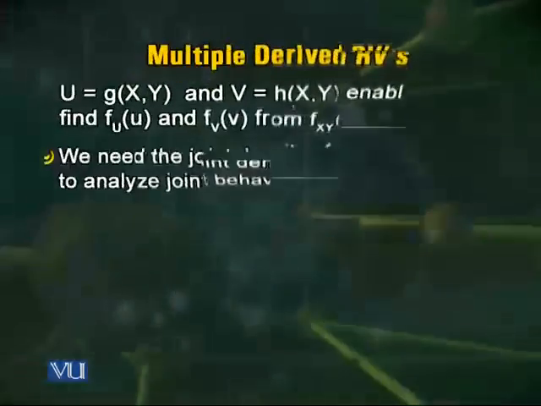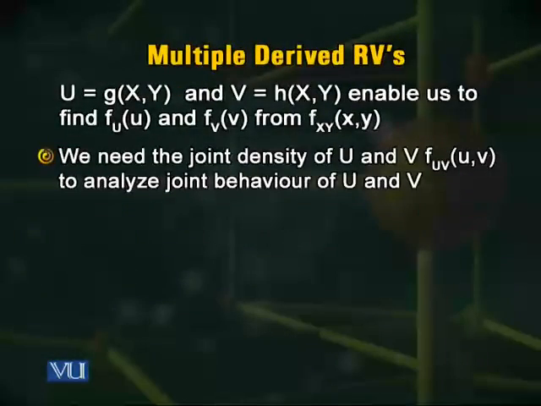Now let's take a big jump and ask questions which involve both U and V. A question like this: what is the probability that the two television sets will give us a total service time of more than 60 months and the two televisions will fail within 6 months of each other?